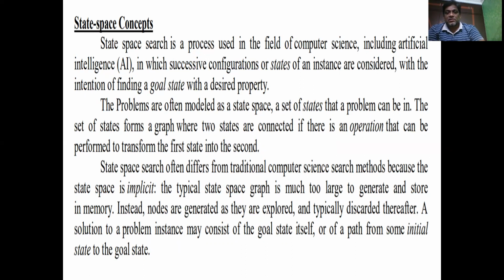Generally, a state space tree consists of all possible solutions. Some of them may not meet the particular criteria we are looking for. The goal state is the state which satisfies the criteria or the desired property. So that is about the state space tree. You already used these state space tree concepts in design and analysis of algorithms. Try to recollect those concepts.